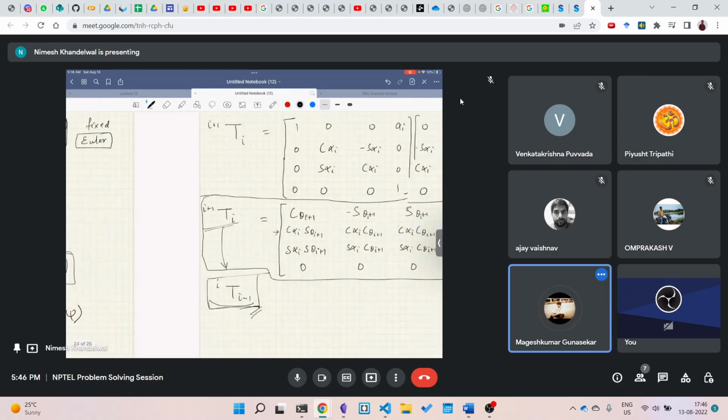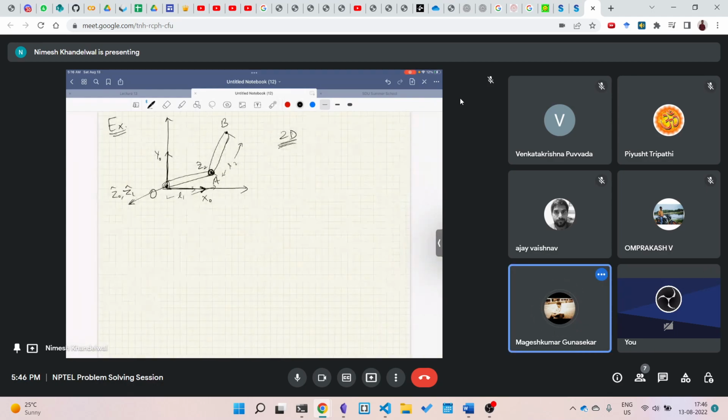So in this case, x1 is along the common normal for Z1 and Z2. What is the common normal for Z1 and Z2? It is along the link itself, because Z1 is also out of the plane, Z2 is also out of the plane. So this is our x1 axis. And how do we get y1 now?